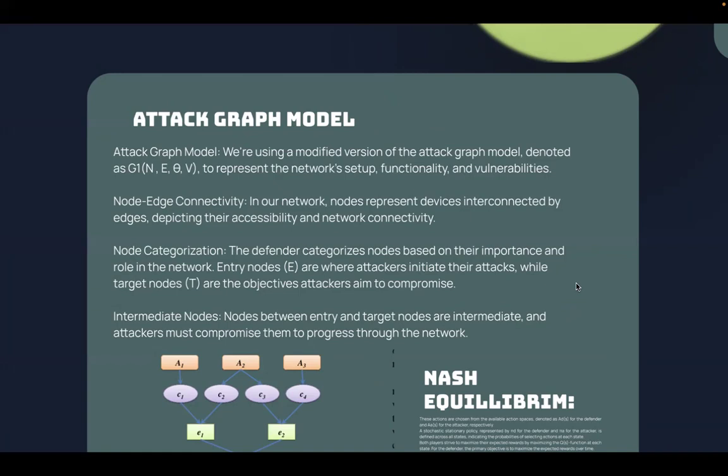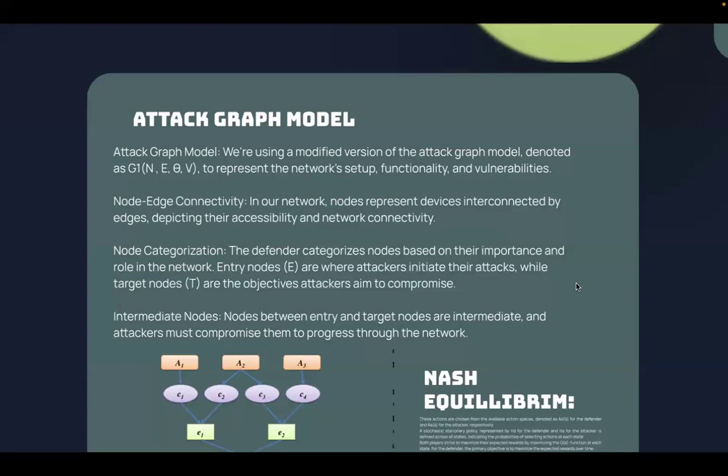In this model, nodes can be of different types, denoted by AND and OR. If a node is marked AND, it means attackers need to control all the nodes before it takes over that node. If it's marked OR, attackers only need to control one of the previous nodes to control it.